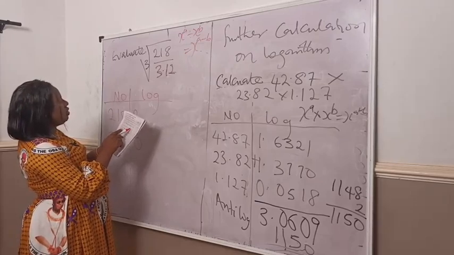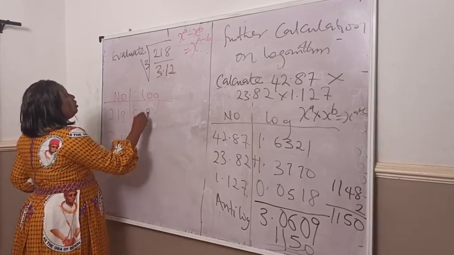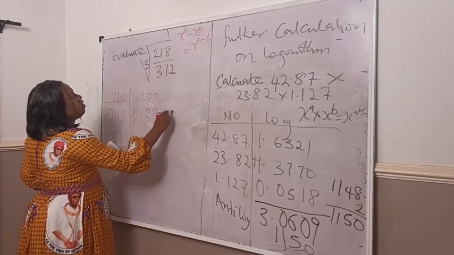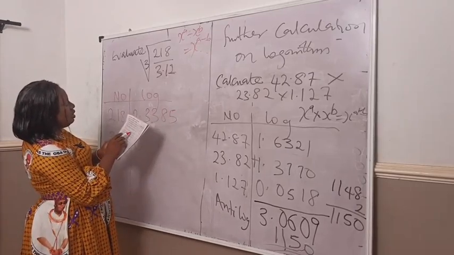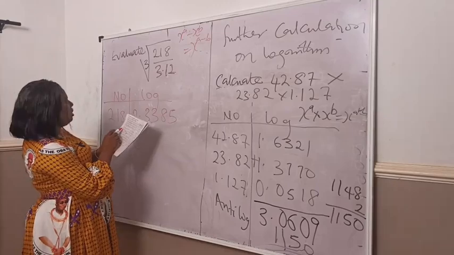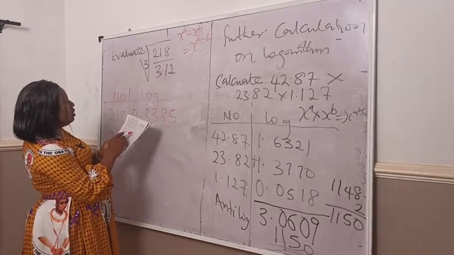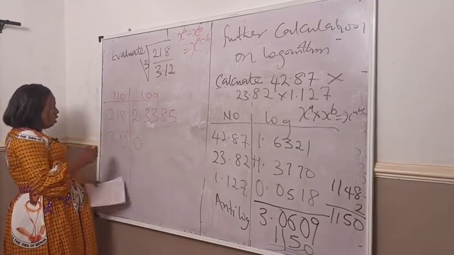This doesn't have a difference. 21 under 8 is 3385. Then this one is 31 under 2.